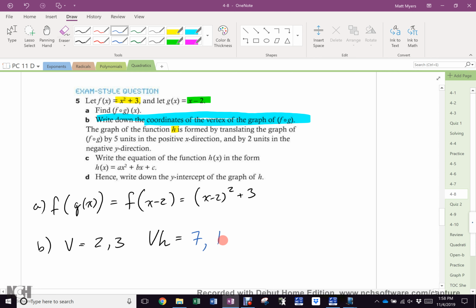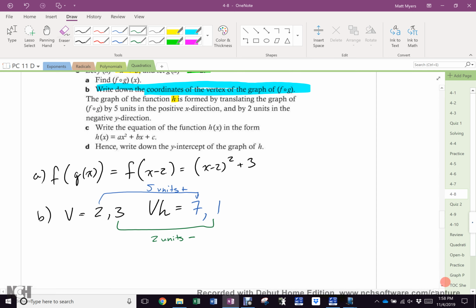Does everybody see why? There is my 5 units positive. And there is my 2 units negative. So that covers B.